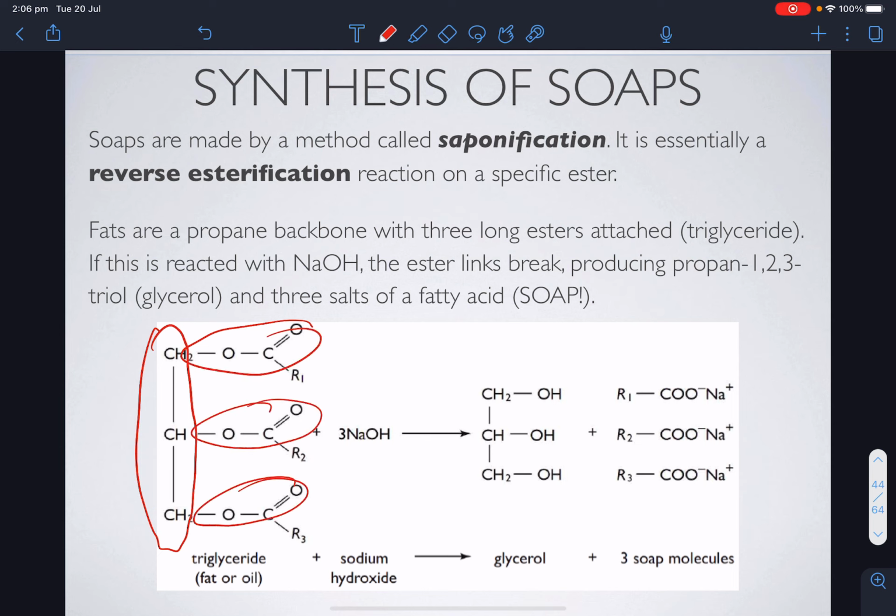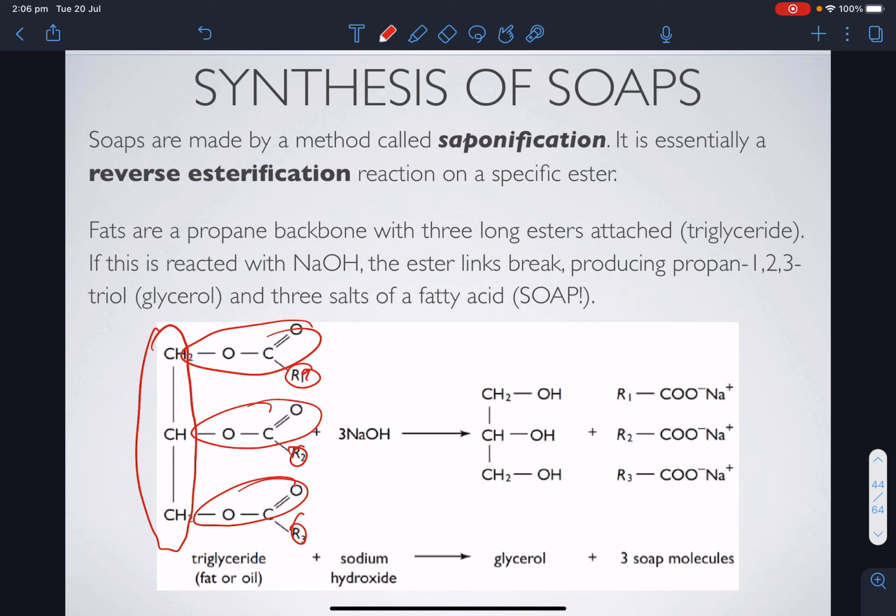See this ester group, ester group, ester group, and these R groups on the side are very long. They can all be the same or slightly different, but that's called a fat or an oil, or more chemically a triglyceride. So fats are triglycerides.